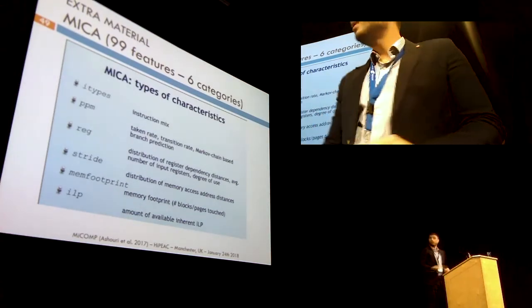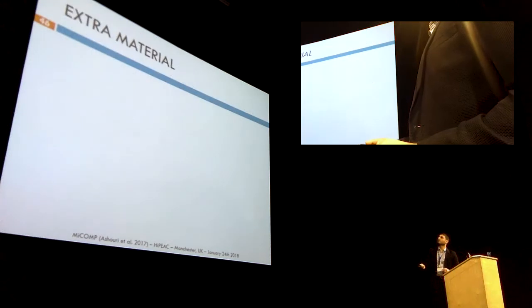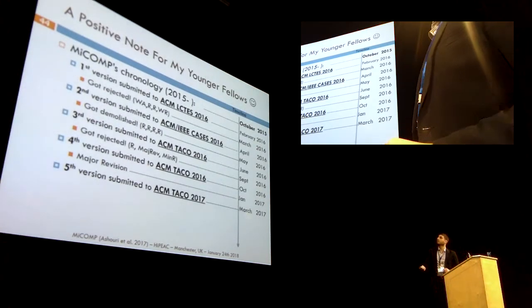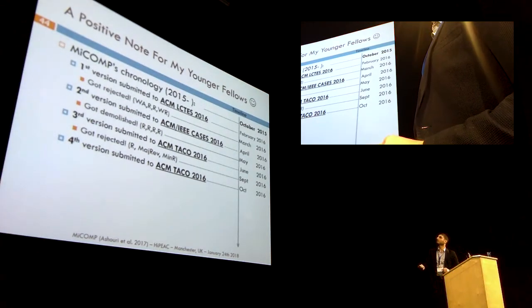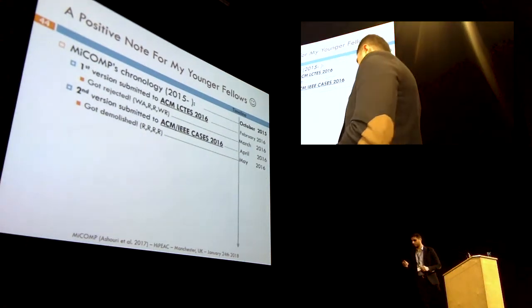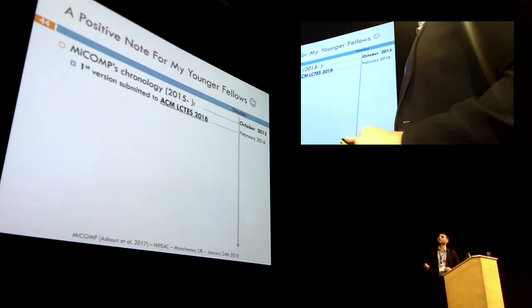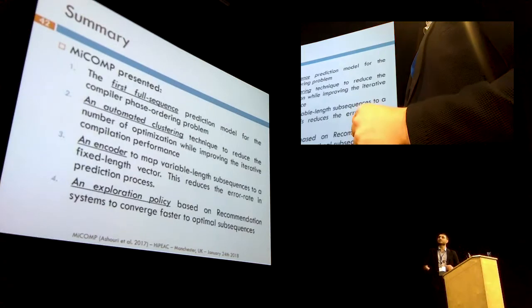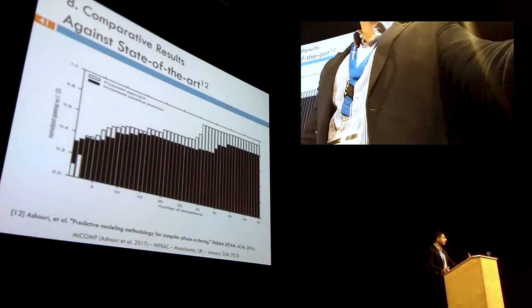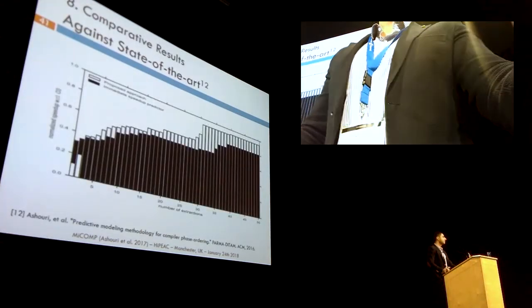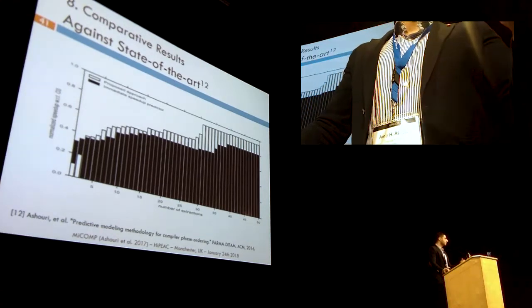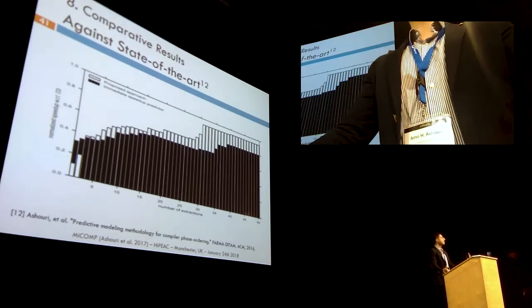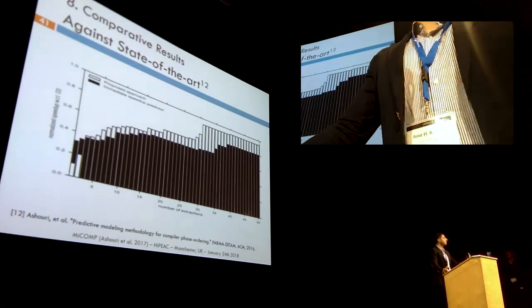Let me just go back to that overhead table. At worst you have to compile and run your application once, because you have to fetch the program features. And then it's going to take some seconds for the recommendation algorithm to work, and some seconds for the prediction.